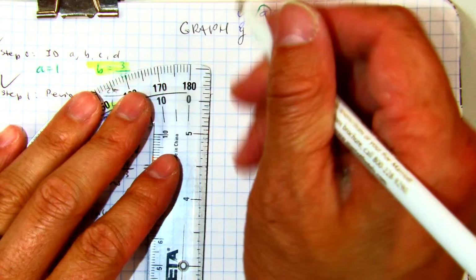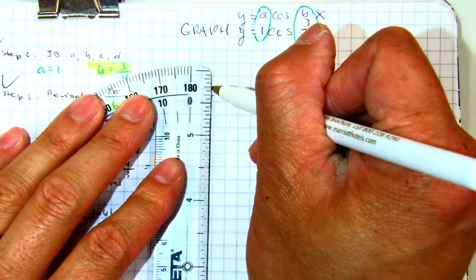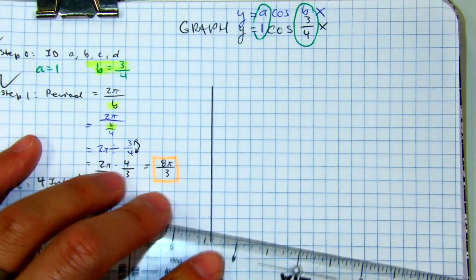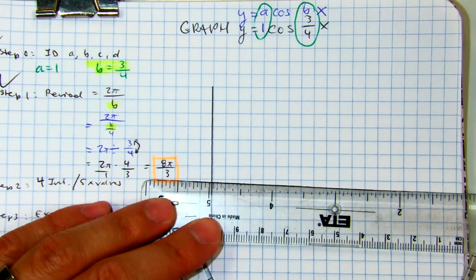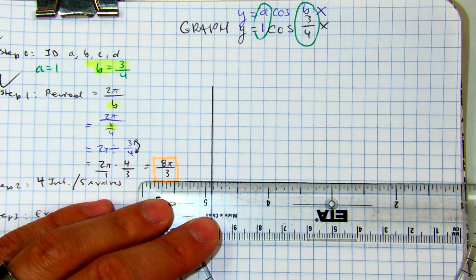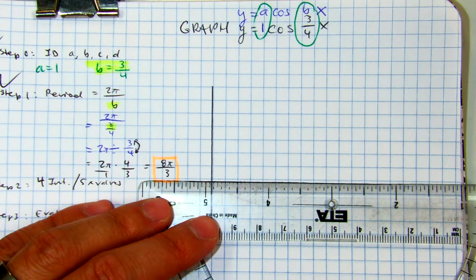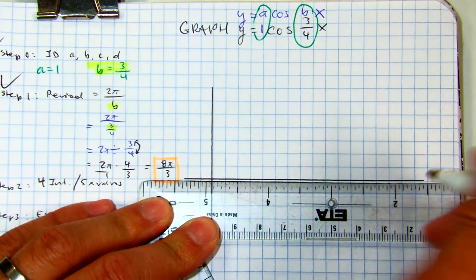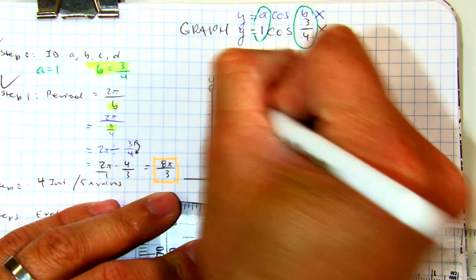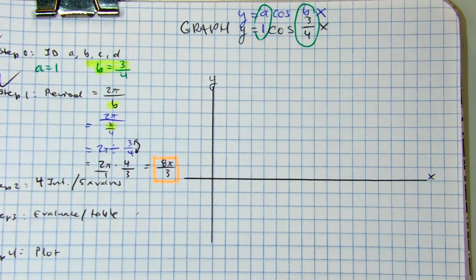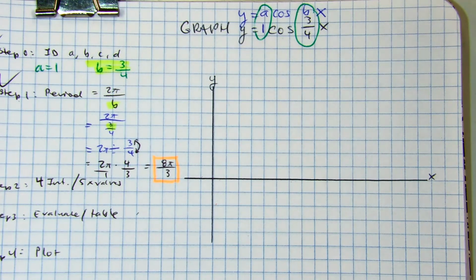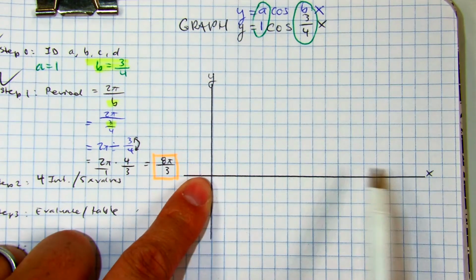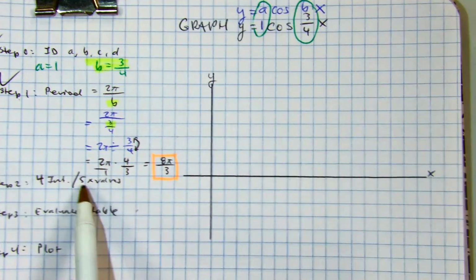I'm going to draw a y-axis, and I'm going to give lots of space for the x-axis. And if you read step number 2, it says once you find the period, you're going to lay off from 0 to that number. So I'm going to get 5 x values.